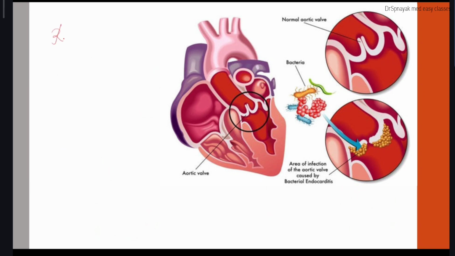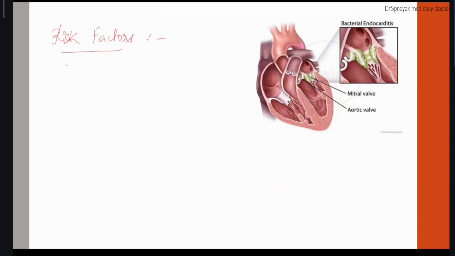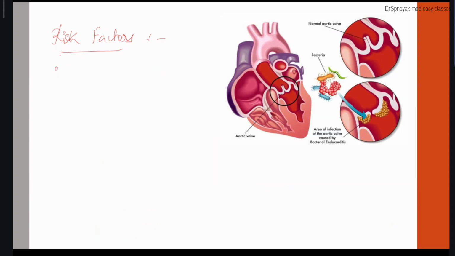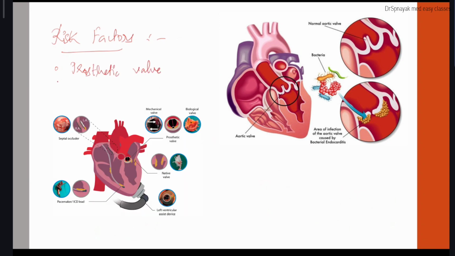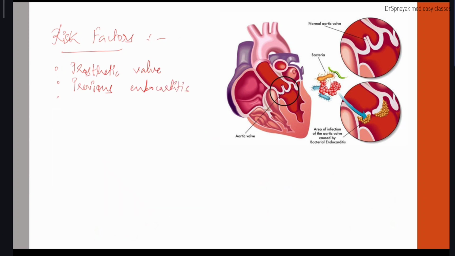There are certain risk factors that might cause endocarditis. The risk factors are the presence of a prosthetic valve. If the patient has had prosthetic valve surgery or a prosthetic valve inserted, it might lead to bacterial growth. Previous endocarditis: if the patient has a history of endocarditis, it could cause a latent endocarditis or relapse.